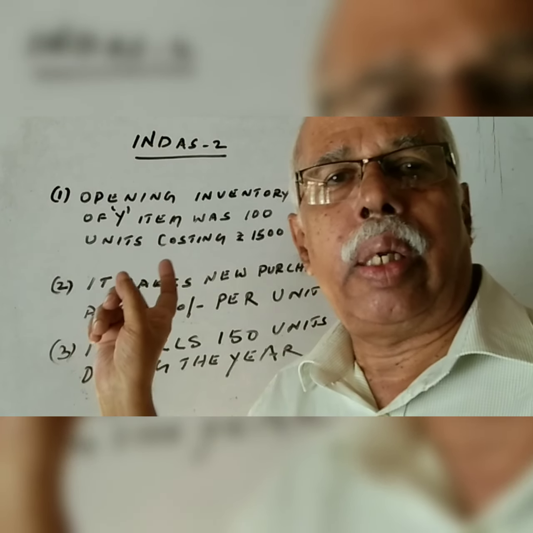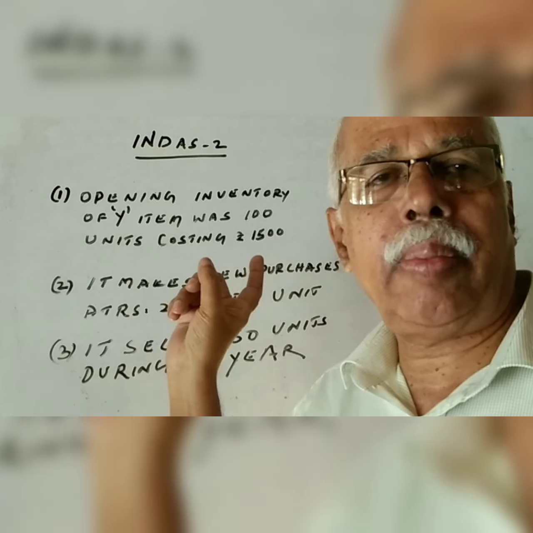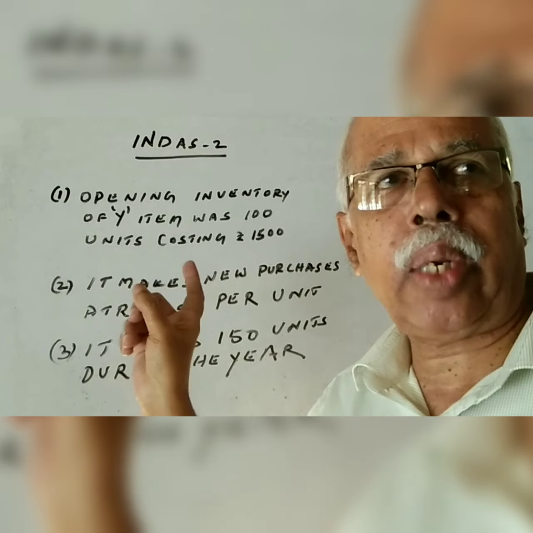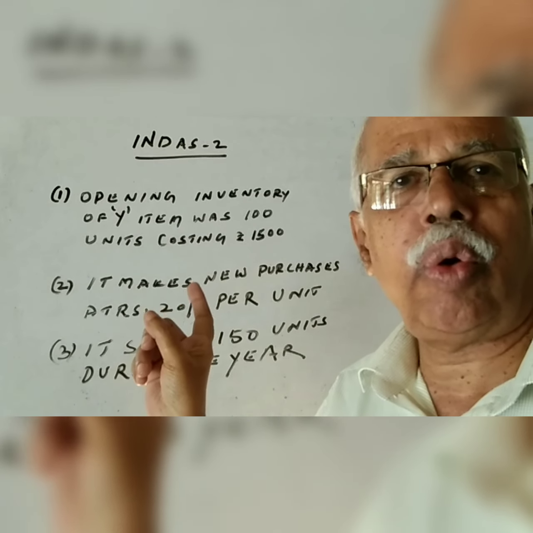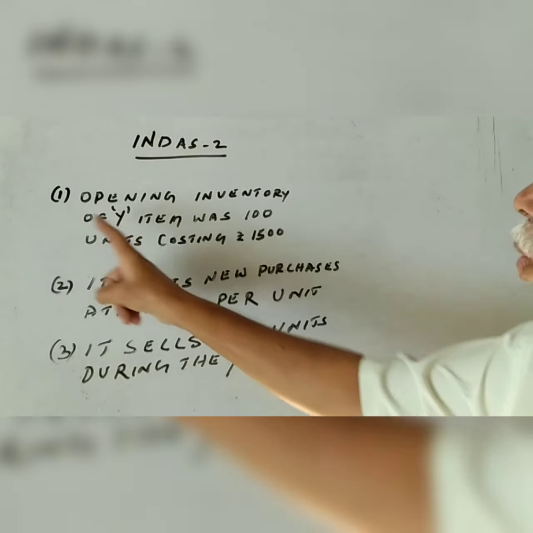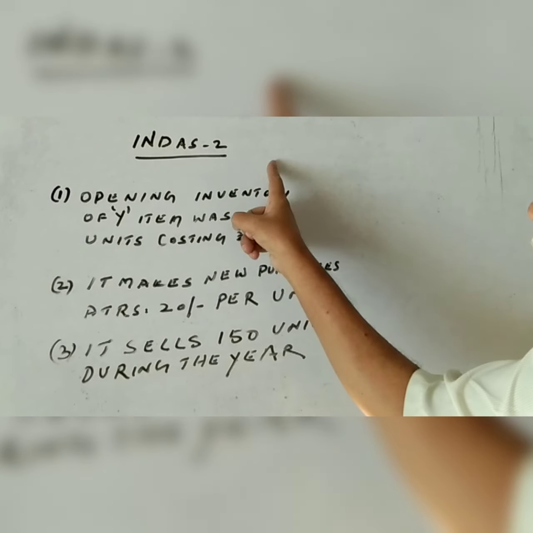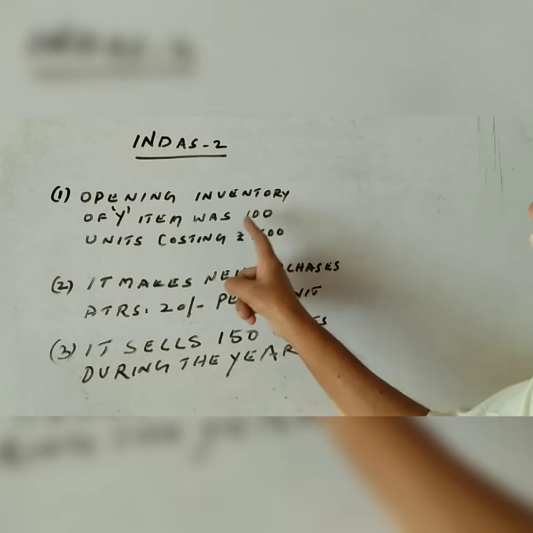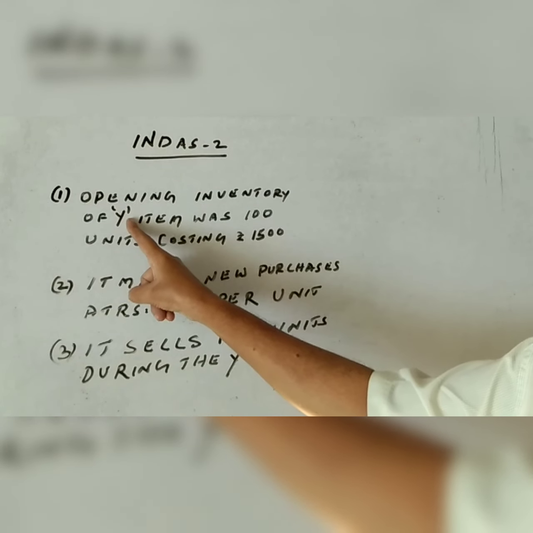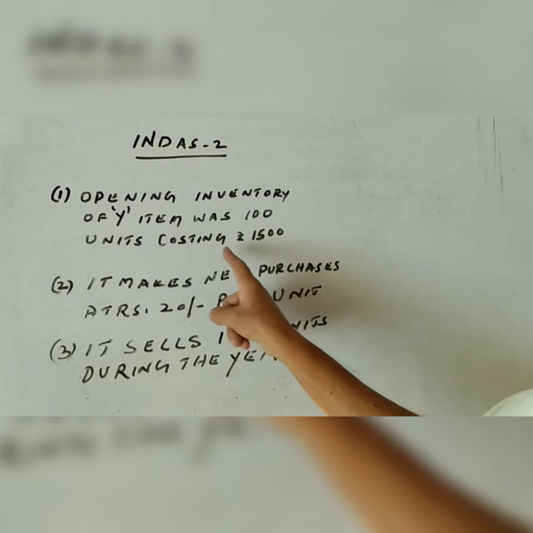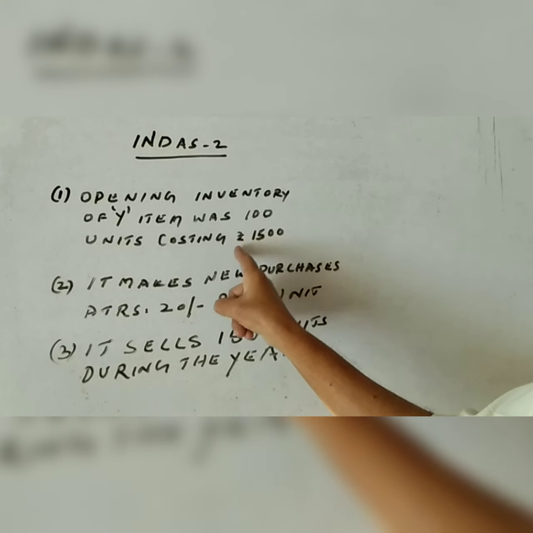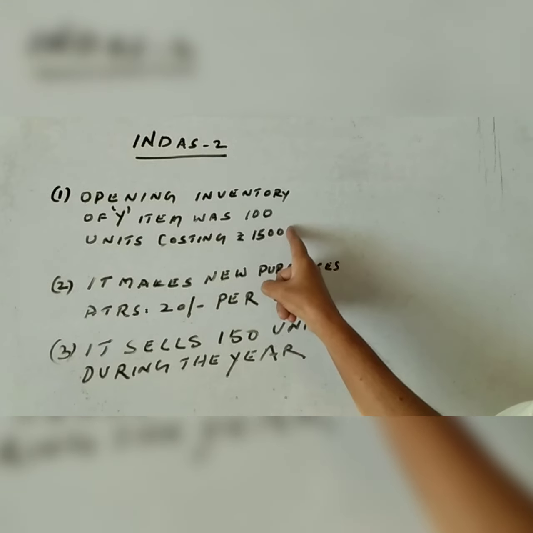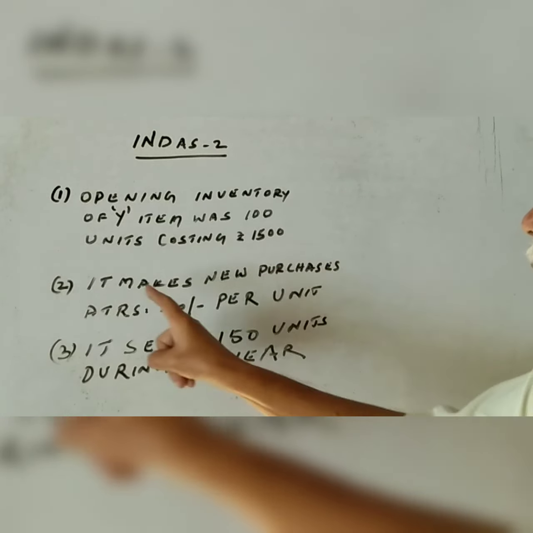Let us now examine an example of the method of calculation under the FIFO method. 1. A company had an opening inventory of 100 units of Y item. The cost of these items was rupees 1,500. 2.